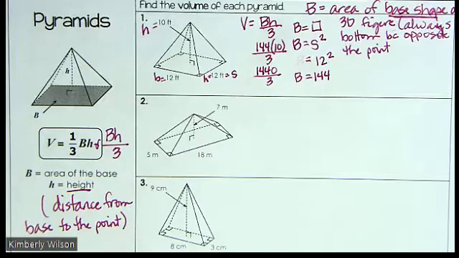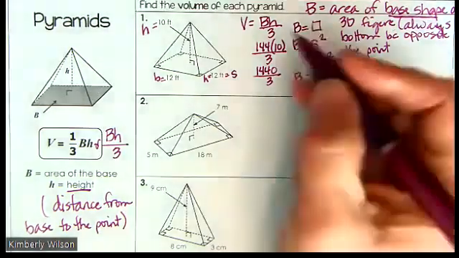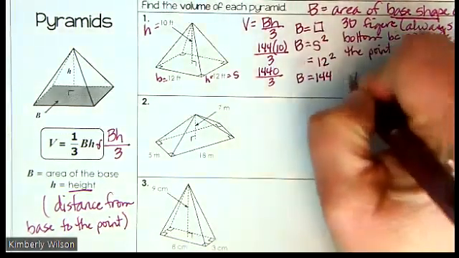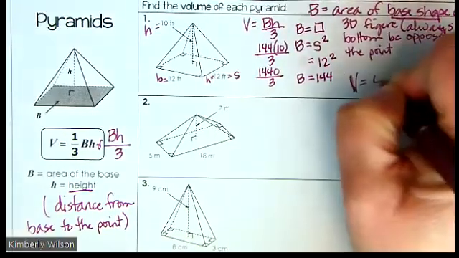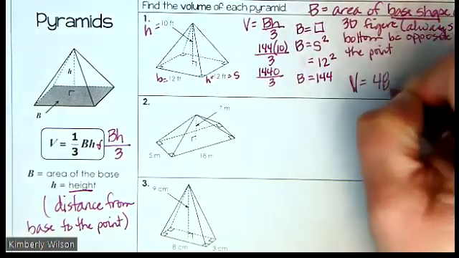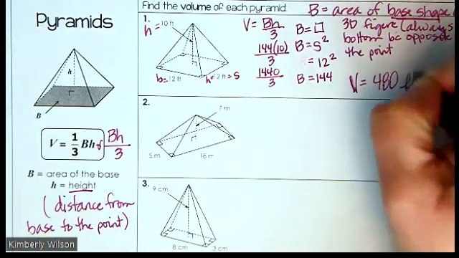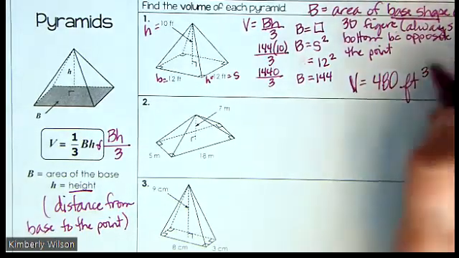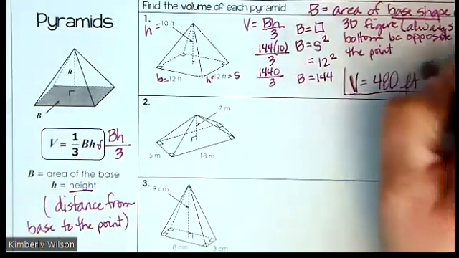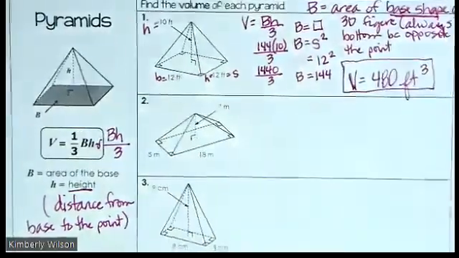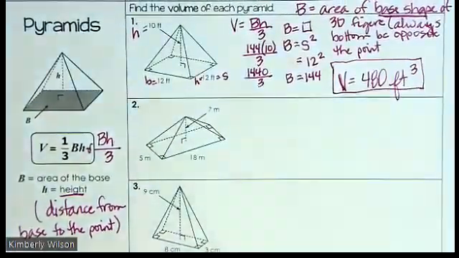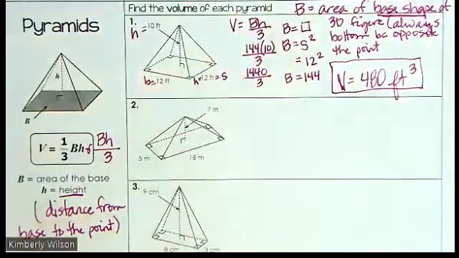Divide by 3, and we get that the volume equals 480 feet cubed. I know I gave you a lot of notes in the middle of working that one, so you won't have all of that every time. This right here is the work that you would show.